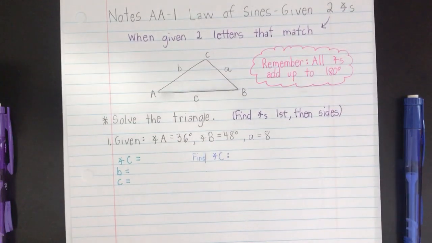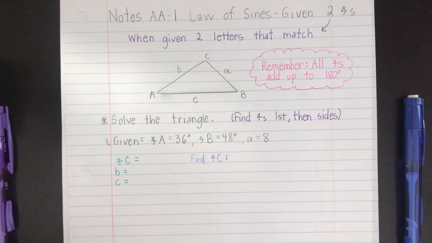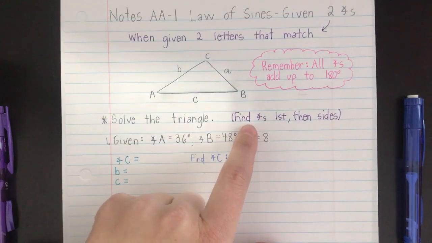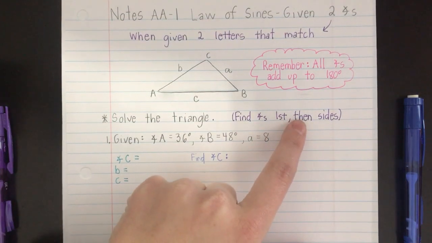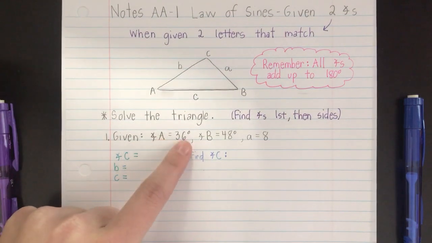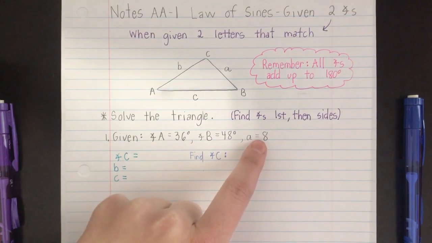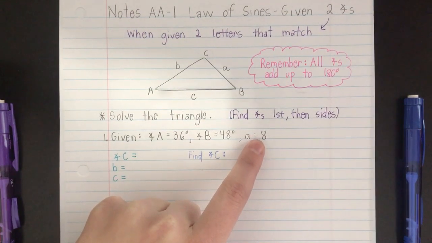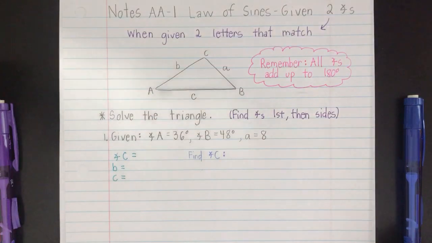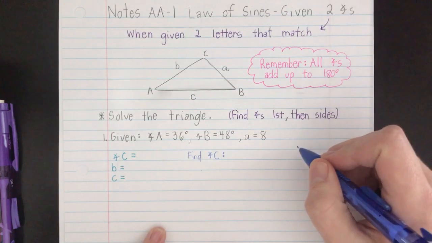So solve the triangle, find all the angles, find all the lengths of the sides. So first you will want to find angles, then sides. So this is what we have been given. We have been given that angle A is 36 degrees, angle B is 48 degrees, and side A is 8 units long. So if it helps you to see, I would go ahead and draw the triangle given.